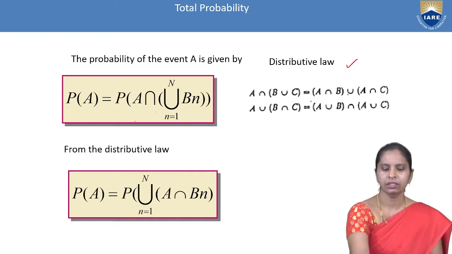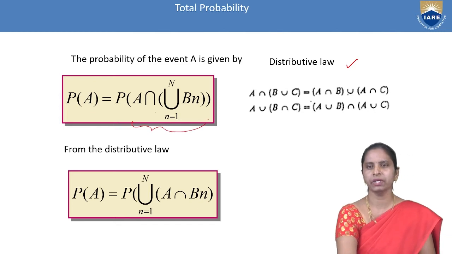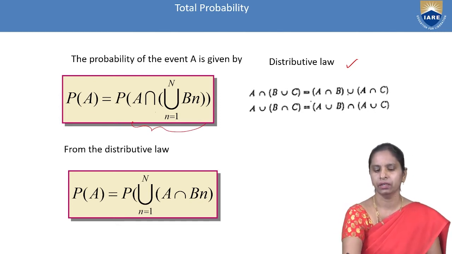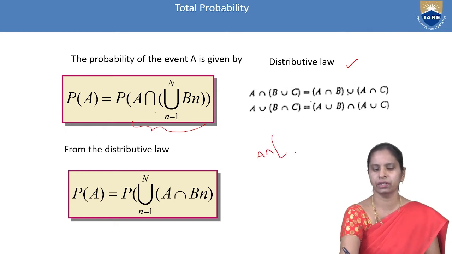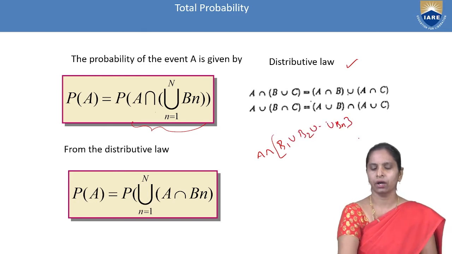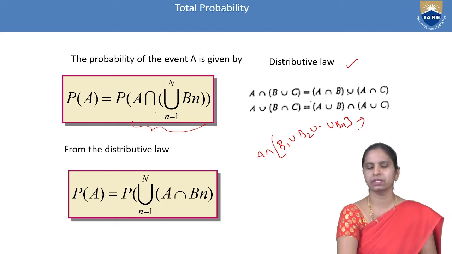Now, the same thing here, what I'm having here, A intersection union of n equals 1 to n, Bn. So, A intersection union of n equals 1 to n, Bn is nothing but B1 union, B2 union and so on, Bn. Now, how am I writing this? What is the distributive law?